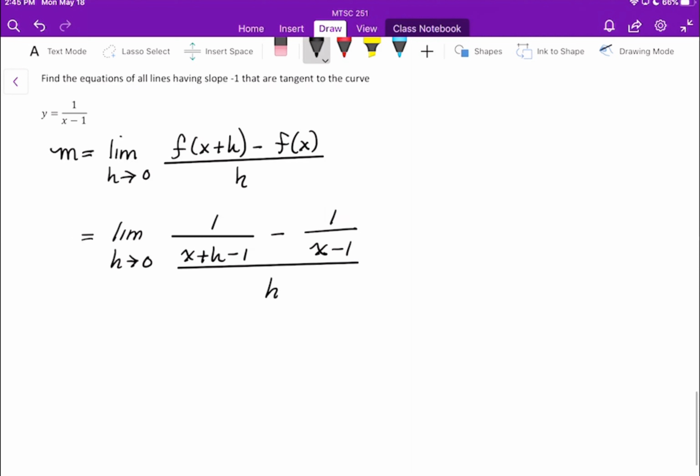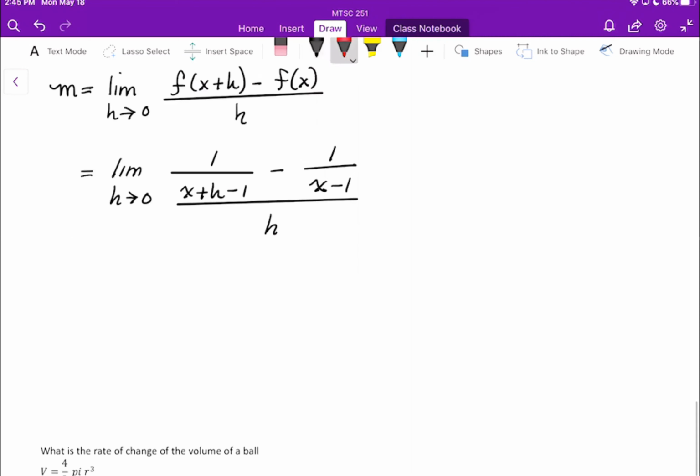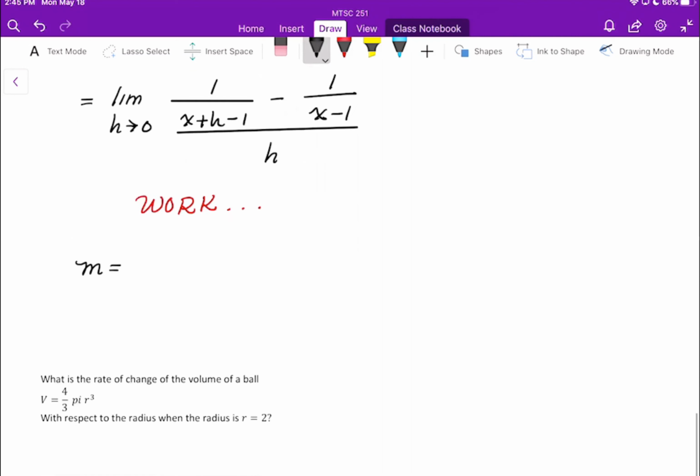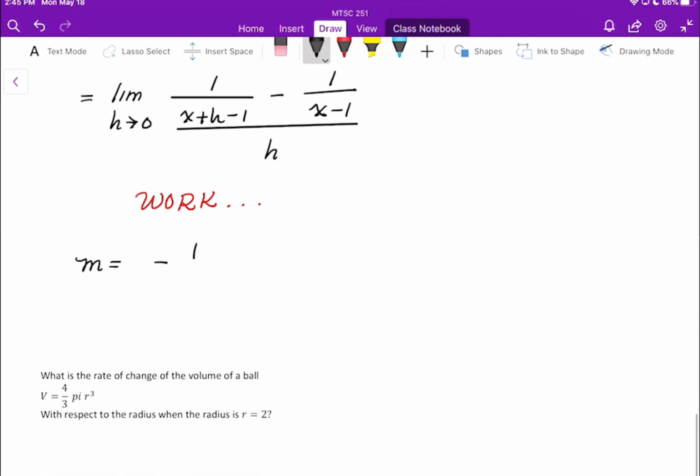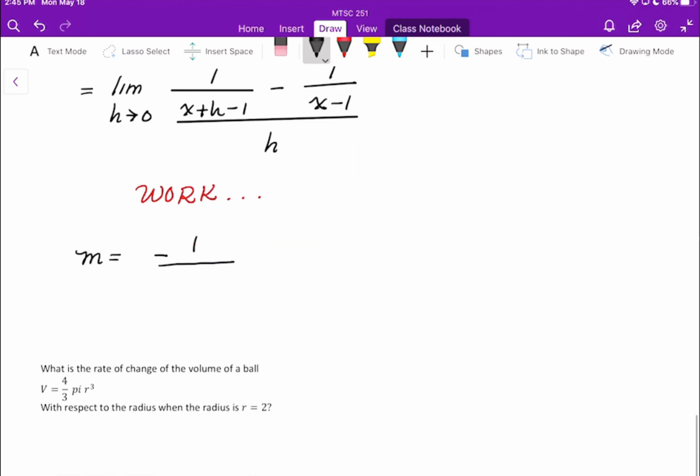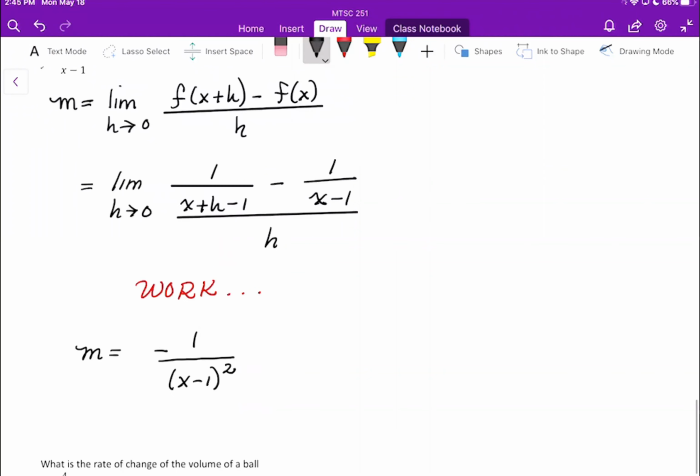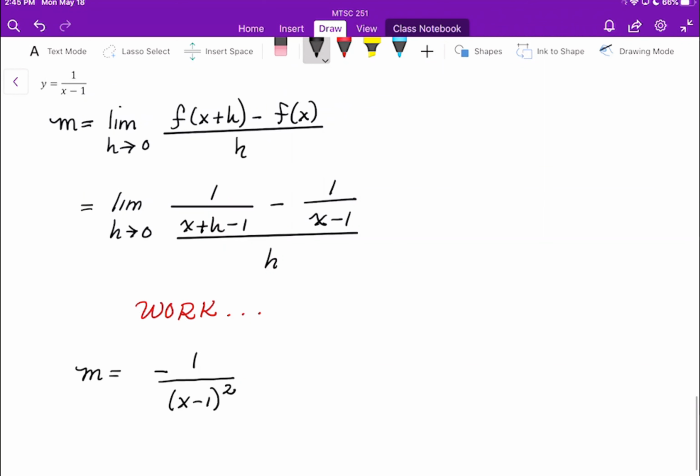And with some work, we get that m turns out to be -1 over x minus 1 squared. So that's going to be the derivative of our function.